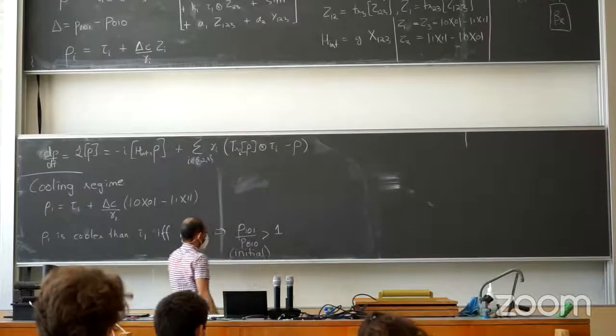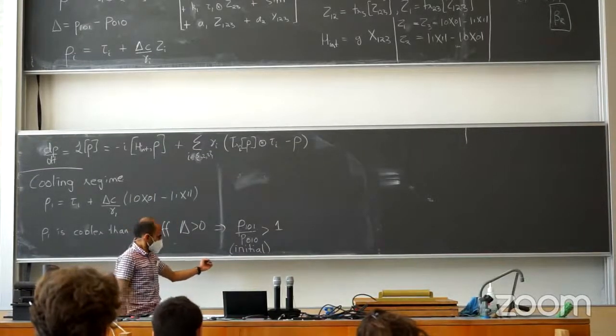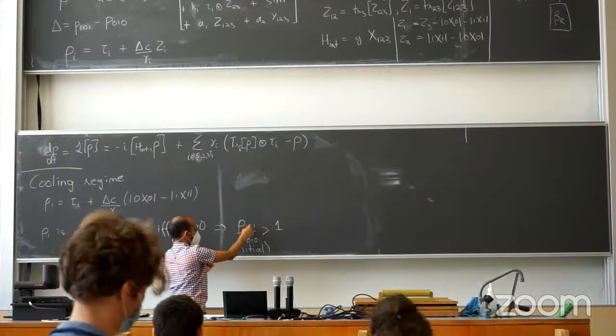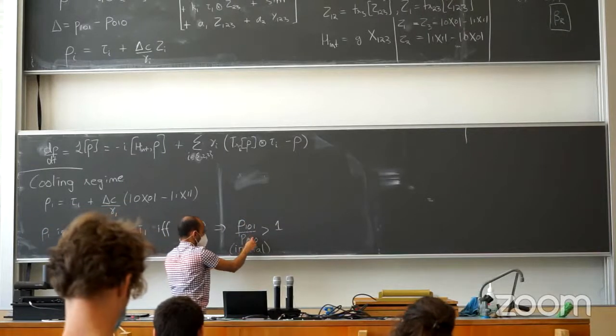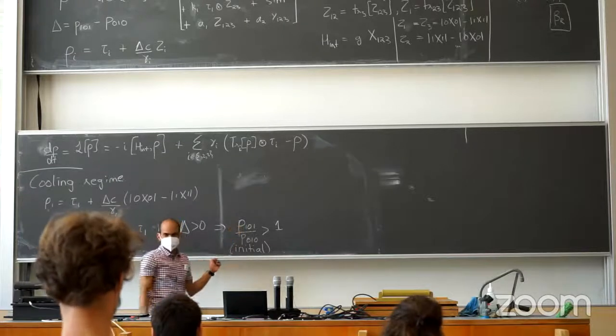But the initial state is just the product state of 3 thermal states. And so the populations will factorize into P1 of the cold times P0 of the room times P1 of the hot. And down here we have P0 of the cold, P1 of the room, P0 of the hot. And so each of the ratios then becomes just the Gibbs ratio.